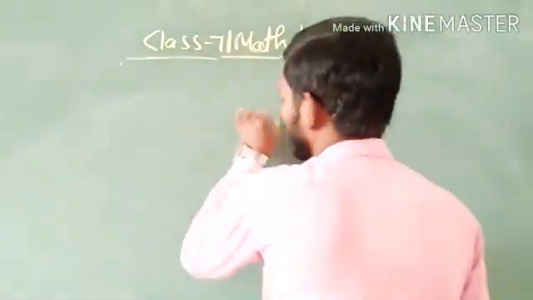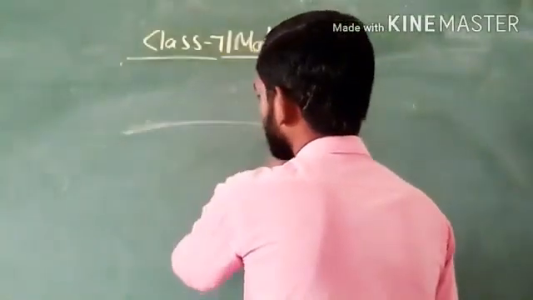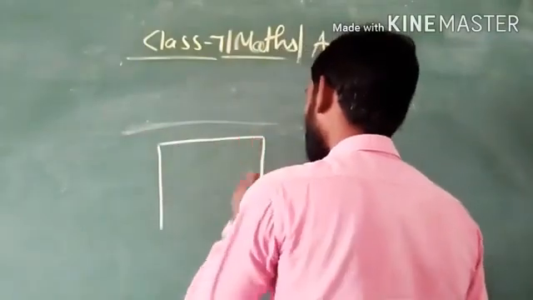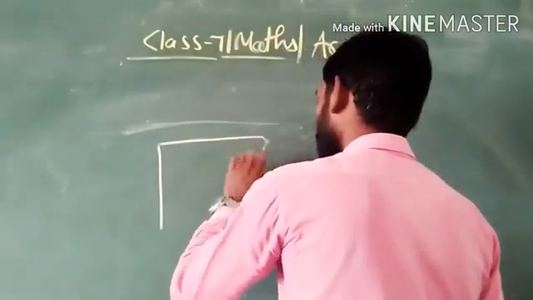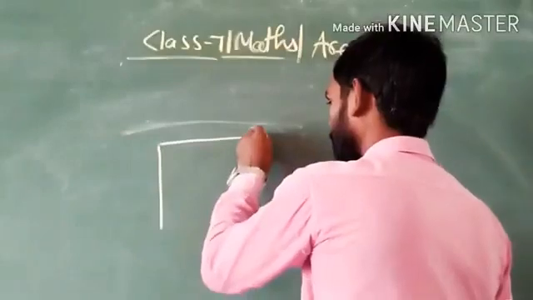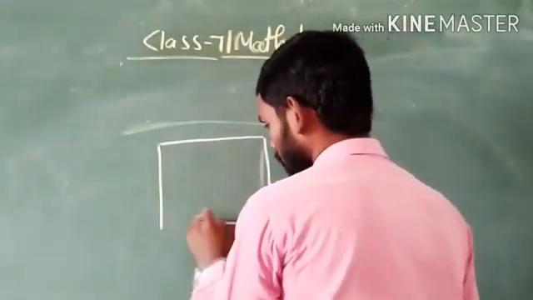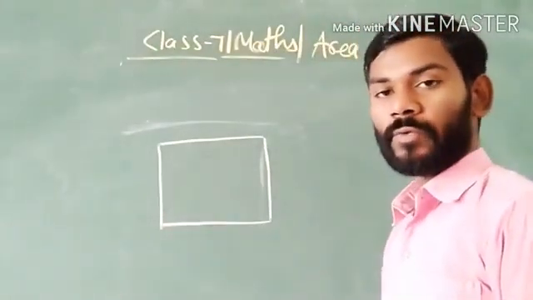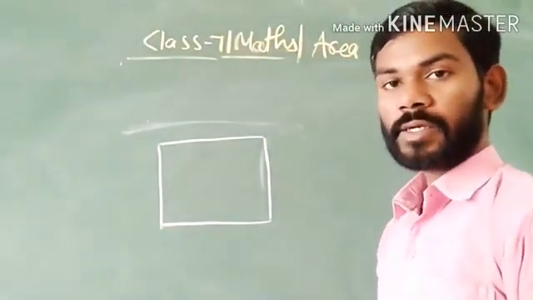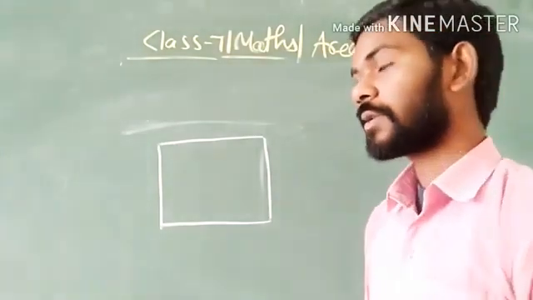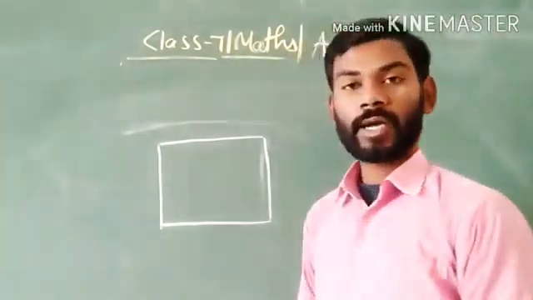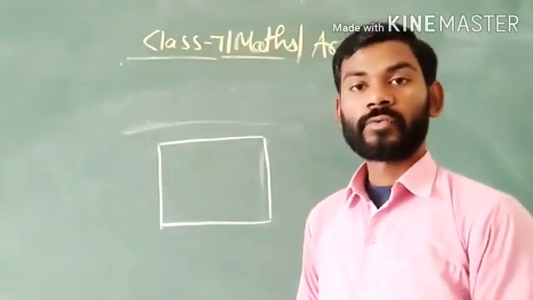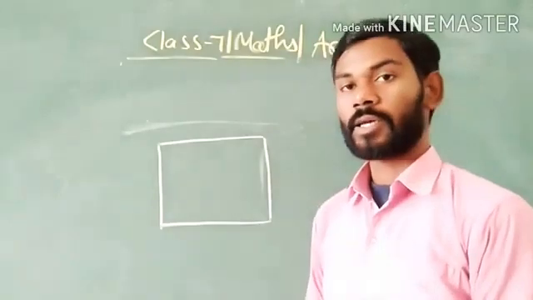So just suppose that this is a small piece of land and we want to find out its area. Here we have no idea about the formula. Therefore, we cannot find its area.